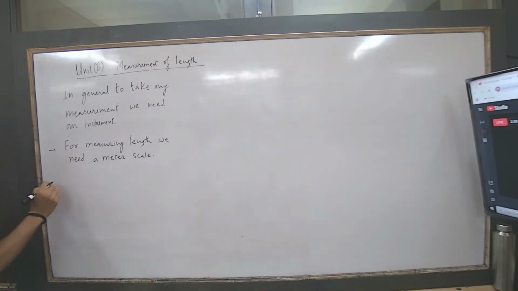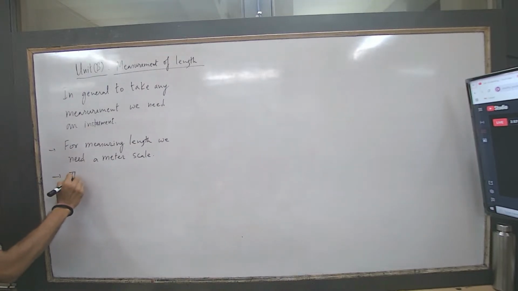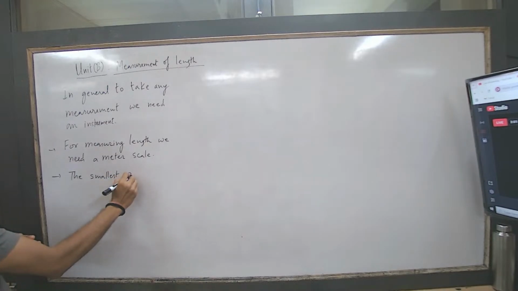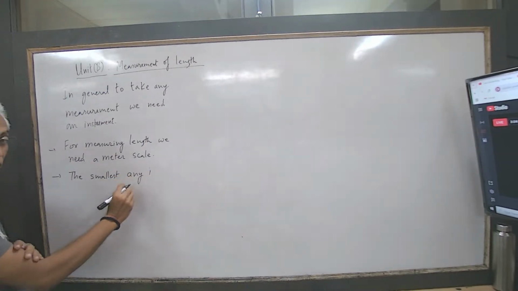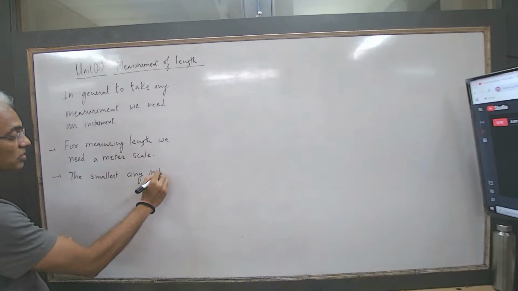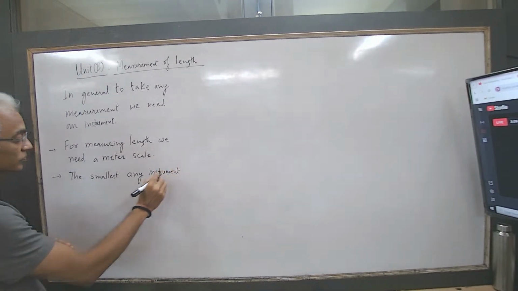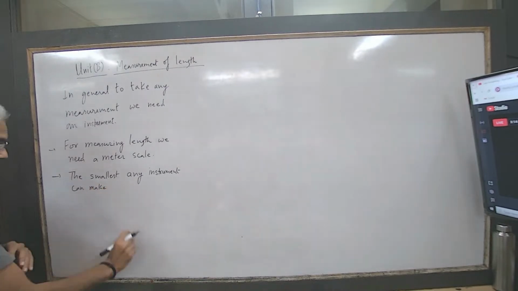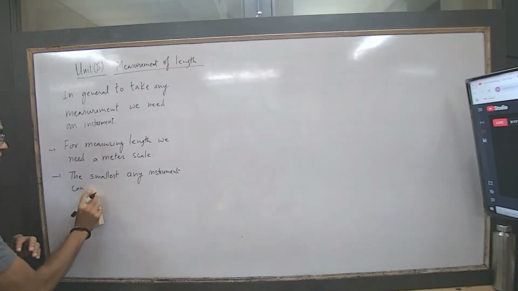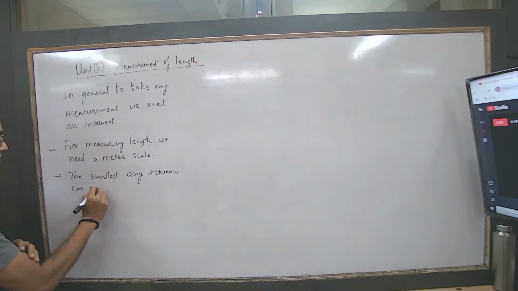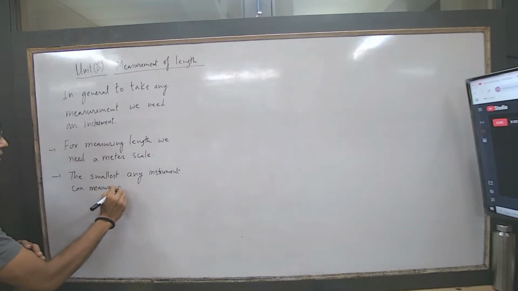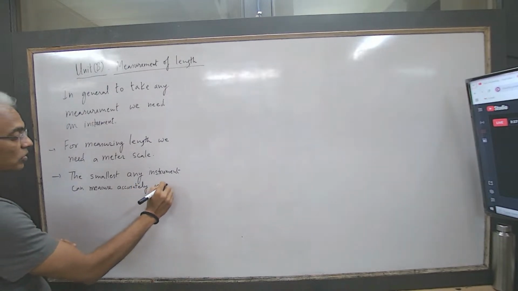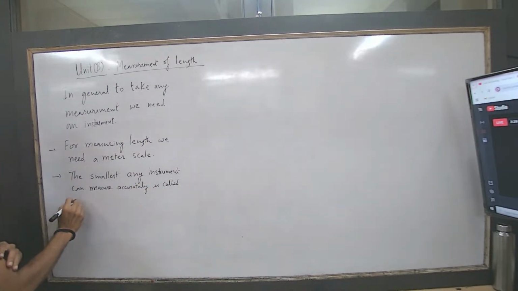So the smallest measurement any instrument can make accurately is called its least count.